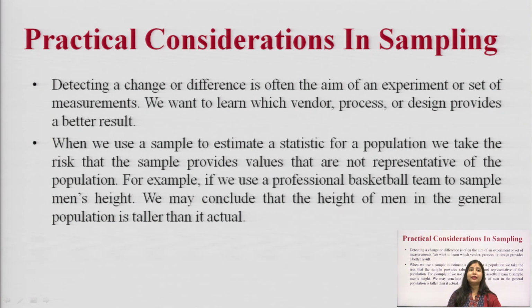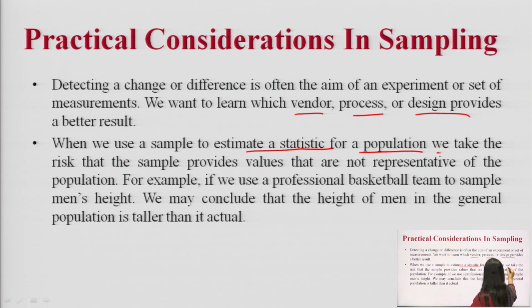So before conducting our study, we have to learn which vendor, process or research design will give us better results for the successful planning of the sampling technique. And when we use the sample to estimate the statistics for the population, we take the risk that the sample provides values that are not representative of the population.